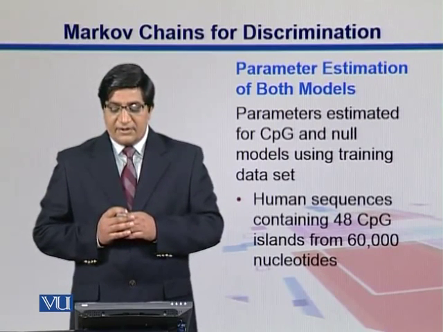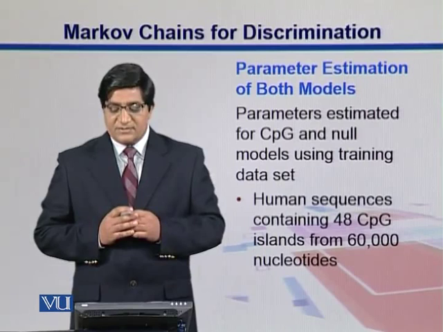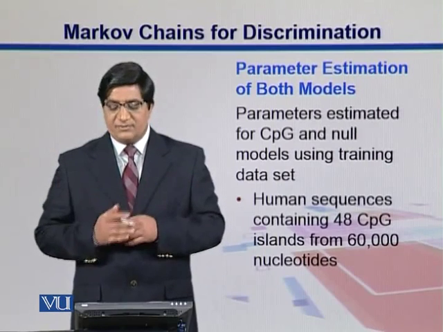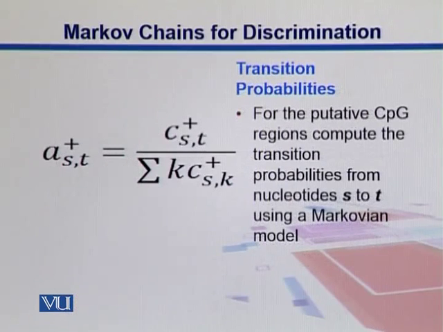They took 48 CpG islands from 60,000 nucleotide long sequences, and they made the transition probabilities. A represents a transition probability, and S is any nucleotide, and T is the second one. So moving from S to T is the transition probability.